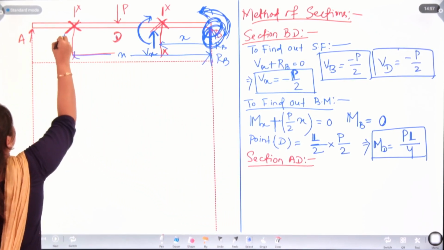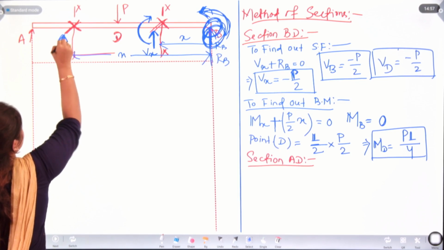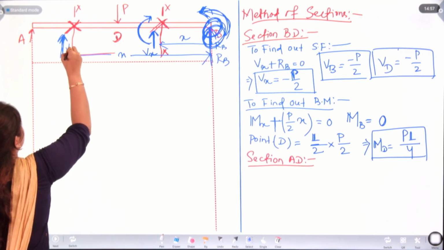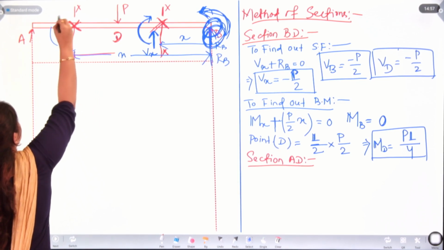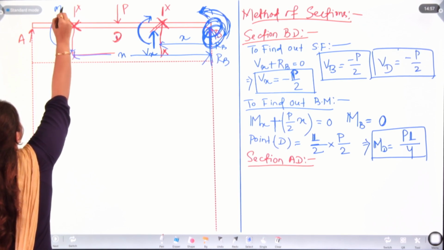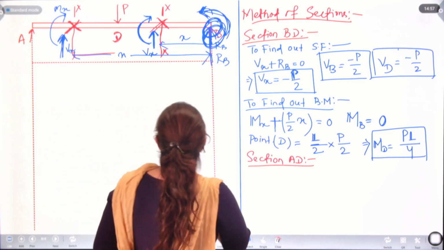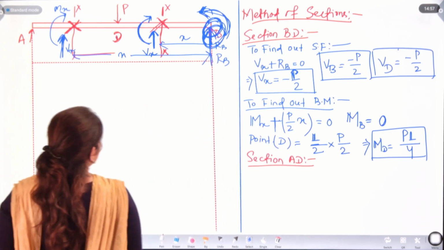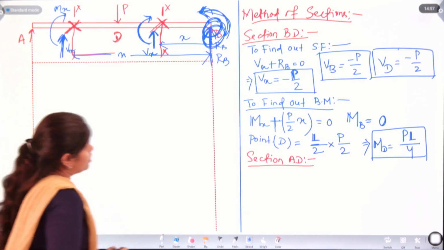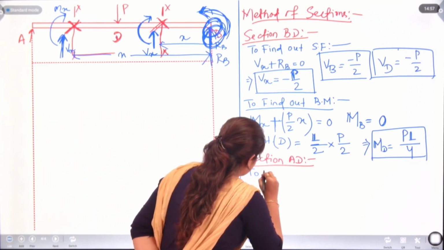Similarly, take the shear force as Vx and the anti-clockwise moment as Mx. Okay, the very similar process. So we will first find out the SF.